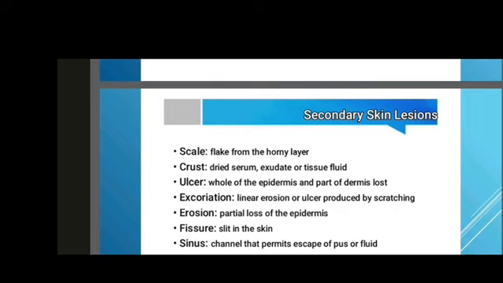Scale is a flake or a projection from the horny layer, or the upper skin layer. Crust is dried serum, exudate, or tissue fluid.